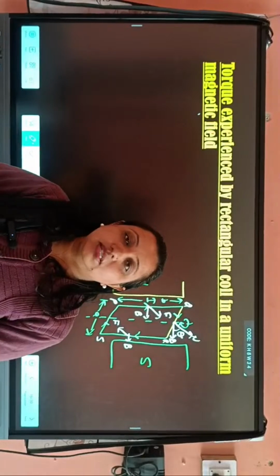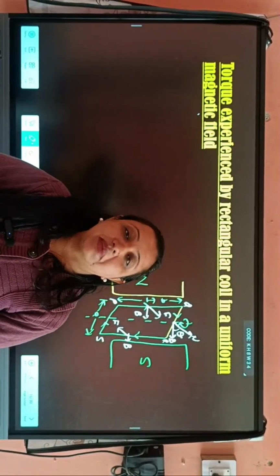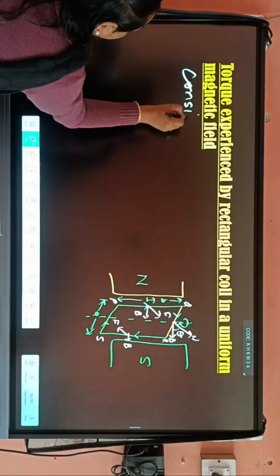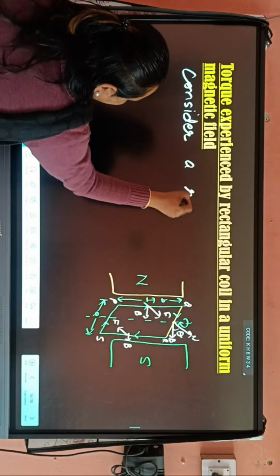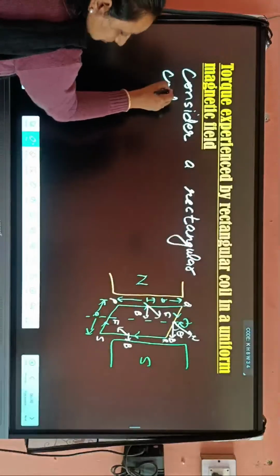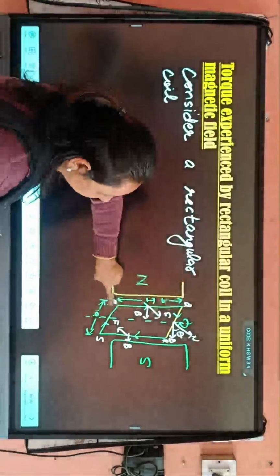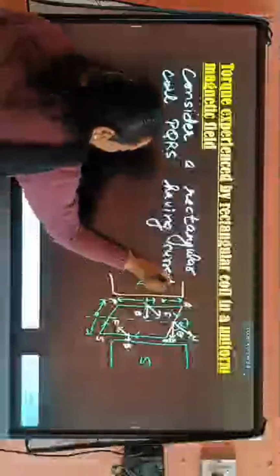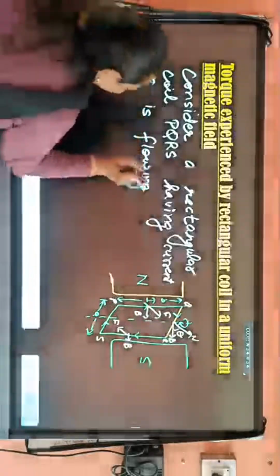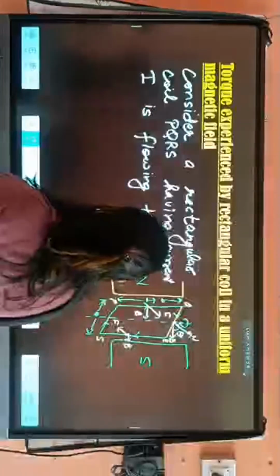That means four conductors in a loop are placed in uniform external magnetic field B. Consider a rectangular coil having current I flowing through it.